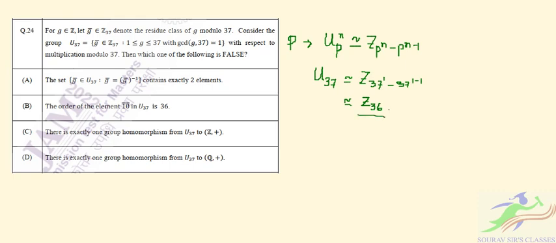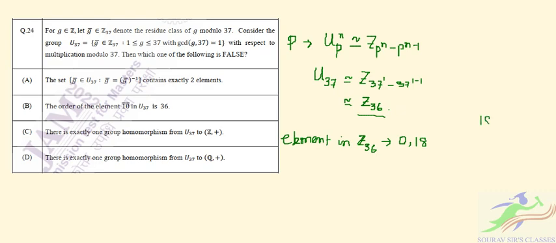So now what are the elements of order at most two in this Z36? One of the elements will be 0, the identity element, and another is 18. Why is it 18? It is self-inverse.